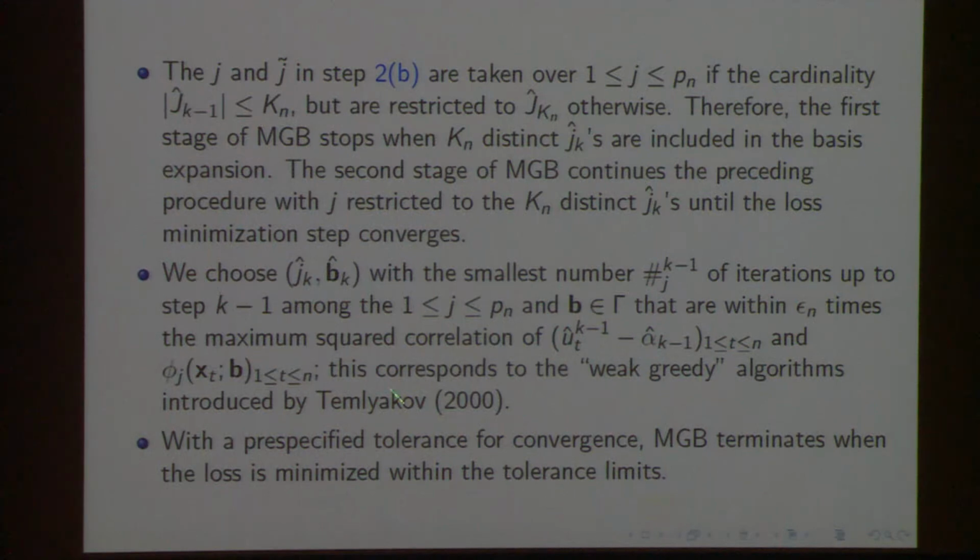So in the second part of that pseudocode, from m to m tilde, after I've selected m variables, I still keep on iterating until the loss reaches the tolerance. With a specified tolerance for convergence, modified MGB terminates when the loss is minimized within the tolerance limits.